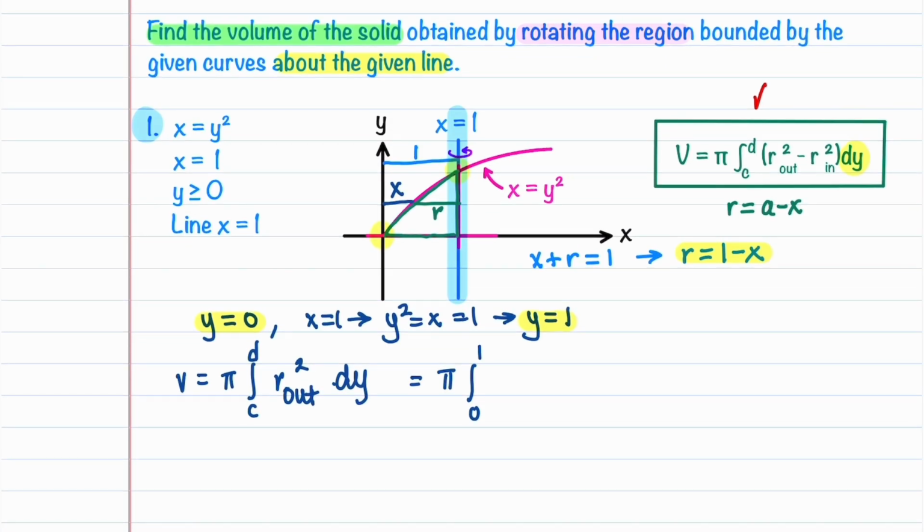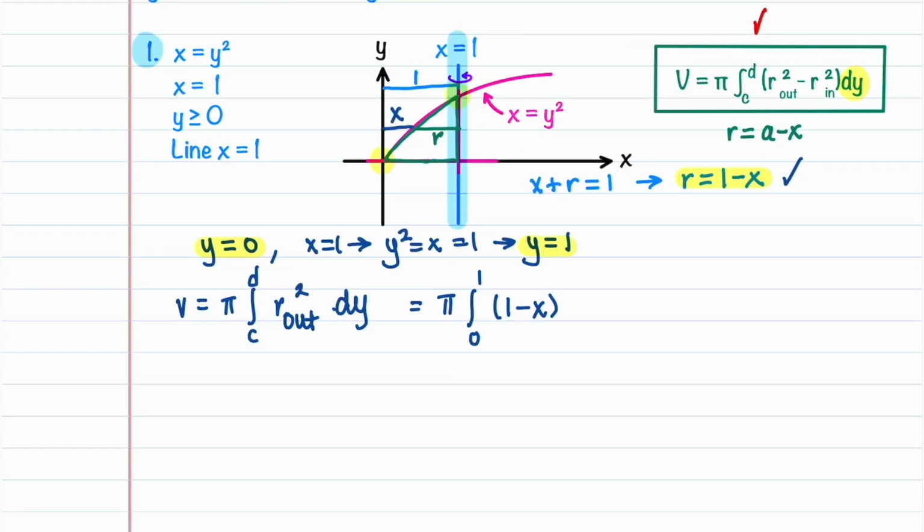Our radius, which we just found right here, is 1 minus x, quantity squared dy. Now let's go ahead and substitute in x. x is equal to y squared, so we have 1 minus y squared, quantity squared dy.